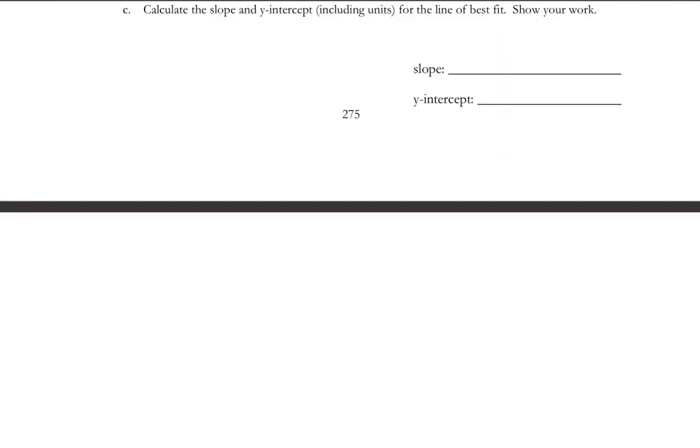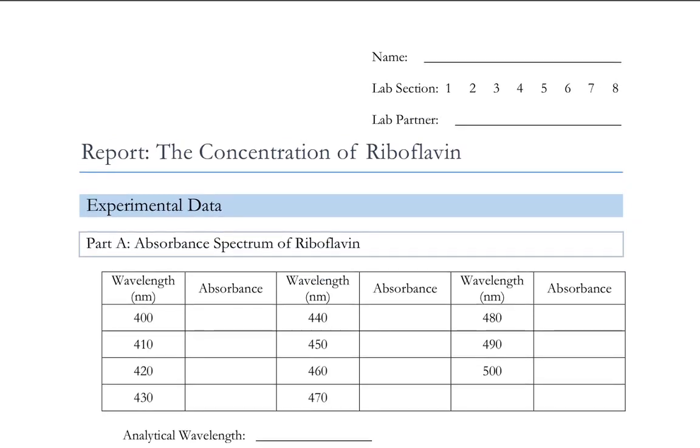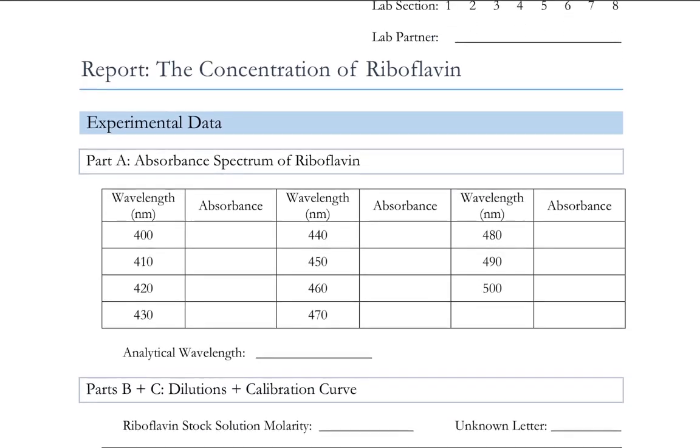And then for the report, on the graph, you should be able to read the absorbances at the different wavelengths. I will also probably tell them to you in the video. The analytical wavelength, well, that's where we have the maximum absorbance.